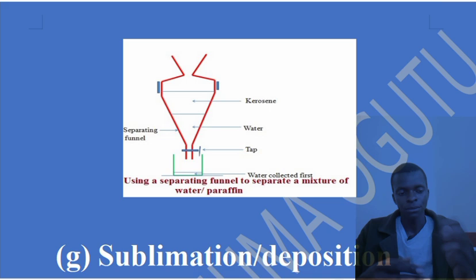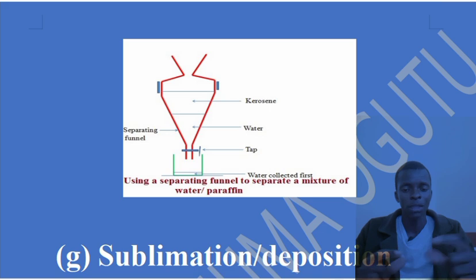In using a separating funnel, remember we will not be in a position to collect the entire volume that we have used. In this experiment, we have used 100 cubic centimeters of paraffin and 100 cubic centimeters of water, but we are not in a position to collect them all. Why?